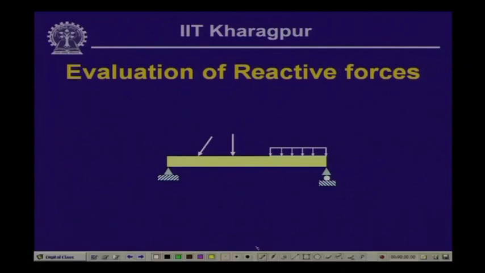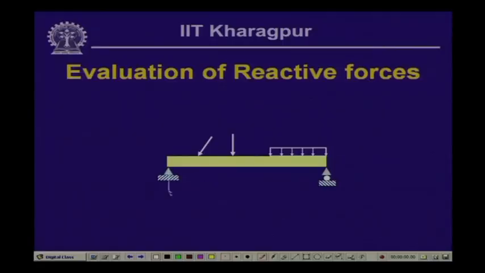Based on these discussions, the first step in the analysis or evaluation of the internal forces is to evaluate the reactive forces. Whenever a beam member is to be evaluated for the stresses, we will have to find out the internal forces, and for evaluating the internal forces, the first step is to evaluate the values of the support reactions.